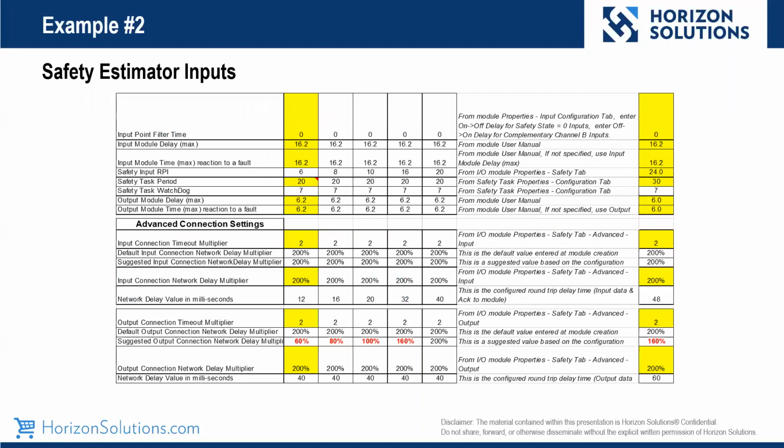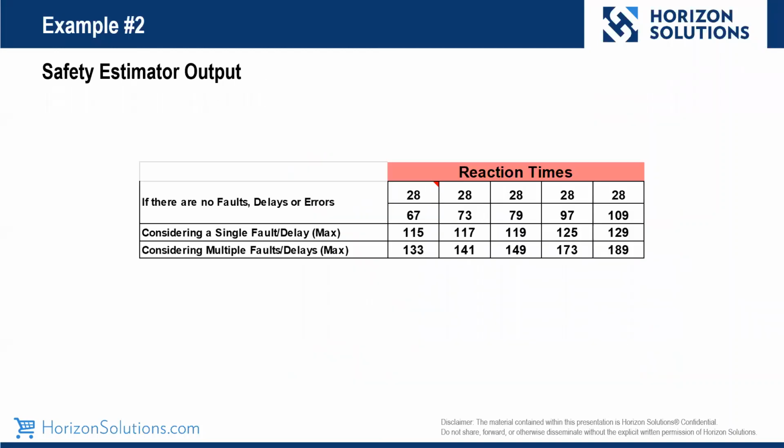So we'll take all of this information, we'll plug it into our safety estimator. Once all of the data is input, there are a selection of blocks up above that are auto-populated with a macro and give you the required reaction times.